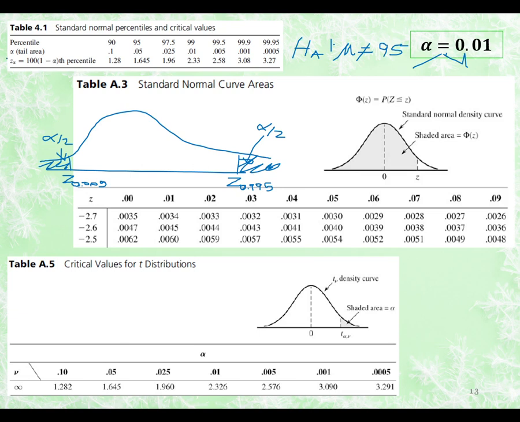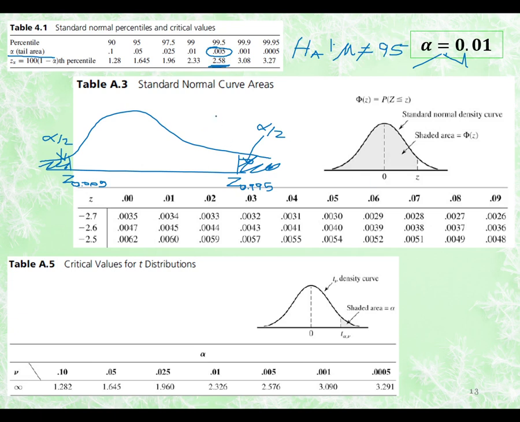Now, if you look at table 4.1 in your textbook, you'll see that this tail area specifically refers to a tail area of 0.005, and that is the same as the 99.5th percentile. So that value there is the one that we're interested in.